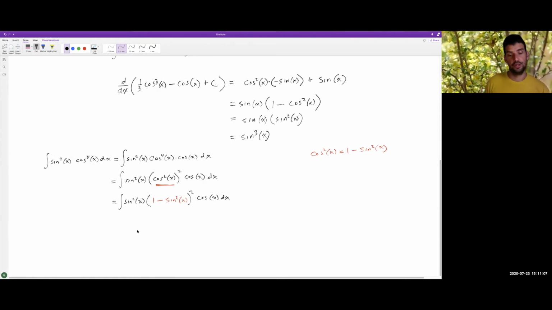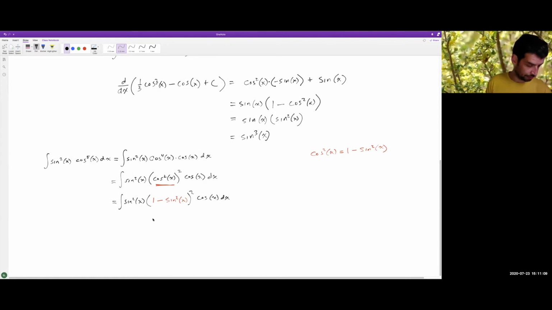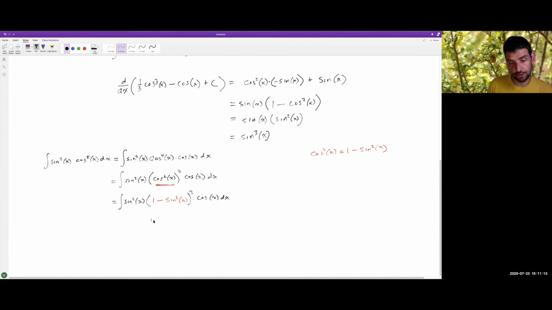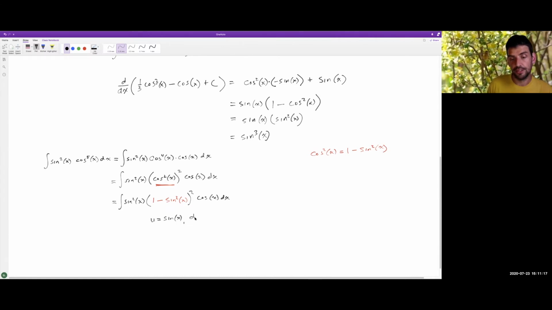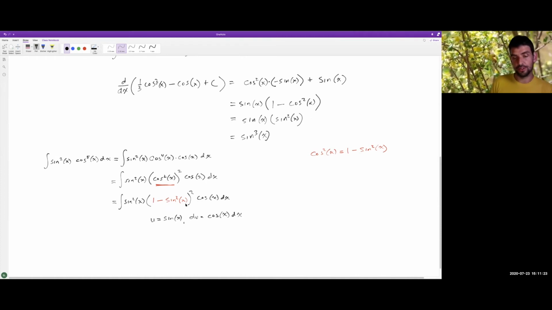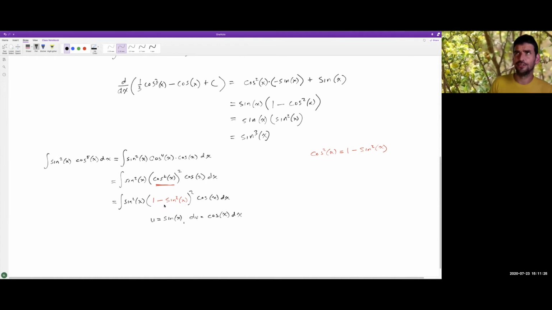Now, we're going to use a substitution again. In this case, we're going to substitute u is equal to sine of x, du will be equal to cosine of x dx. And notice, all we have up here is sines of x.